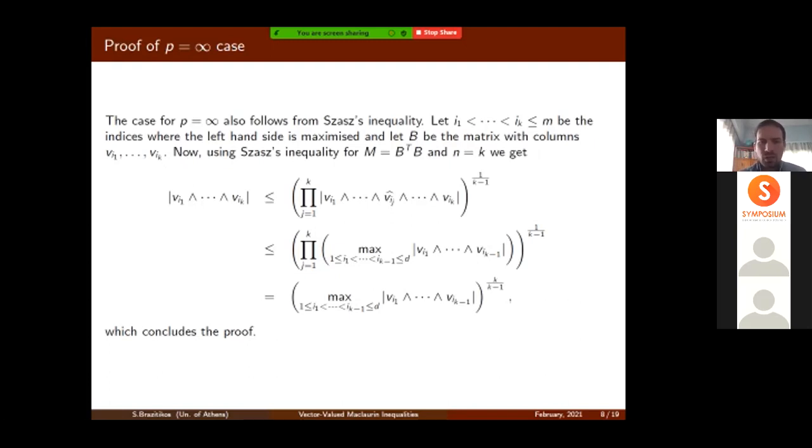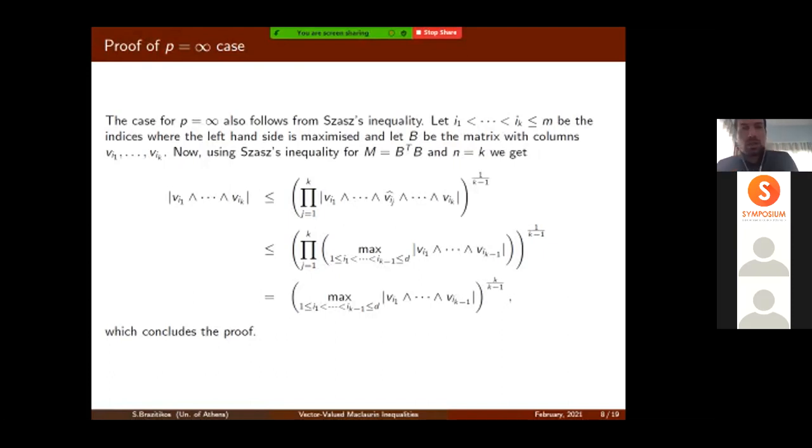So rearranging, if we raise everything to the power 1 over k, we get that the maximum of the k-fold wedge product to the power 1 over k is smaller or equal than the maximum of the k-1 fold wedge product to the power 1 over k-1.